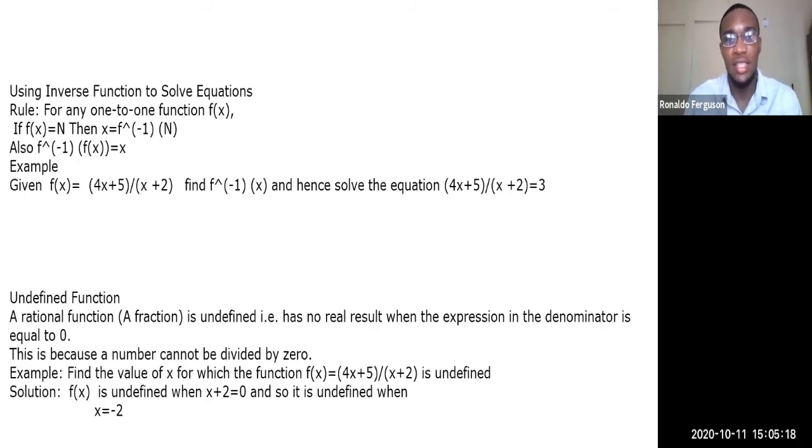Now it says hence, so we have to use this. So we're using the inverse to solve questions. What this rule is saying, think about it: if I tell you, this is just an example, if f of 0 is equal to 2, then this implies that f inverse of 2 is equal to 0.